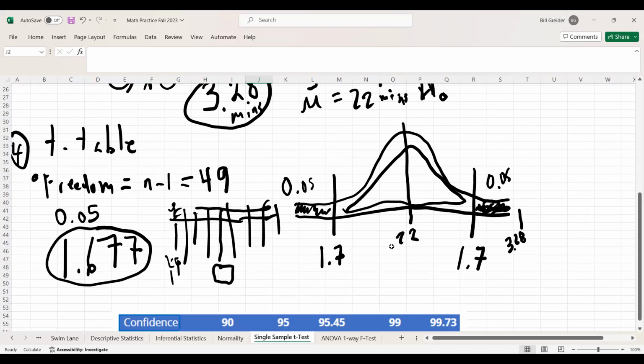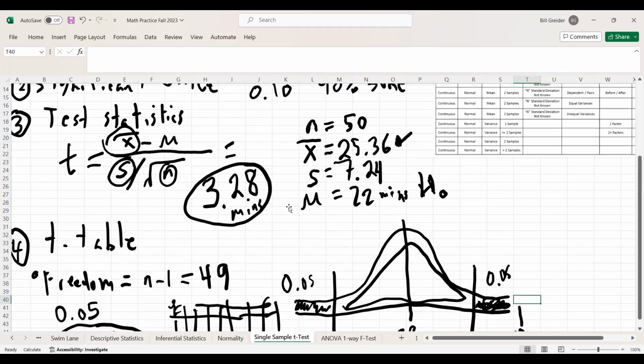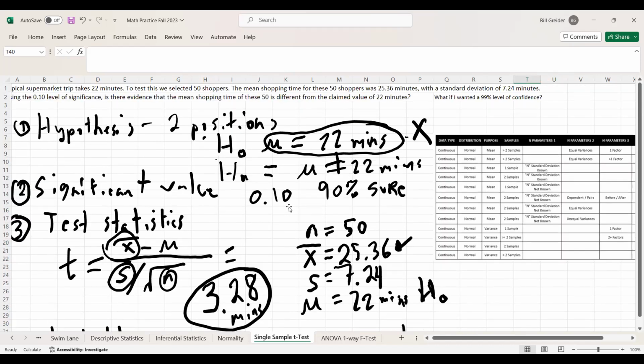Give it a go. Dave? Yeah, am I going to reject the null? Yes, right? Because 3.28 is outside the rejection region. Yep. If it was in either rejection region, say it came out to 0.8, then I would reject the null also. So all it means is that shopping time is not as advertised.